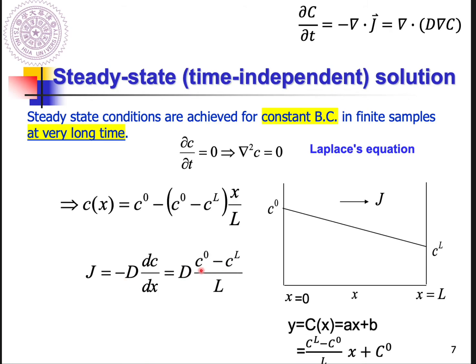Then you get CL minus C0, and because this is negative, it becomes C0 minus CL divided by L. I can get C0 from the data I measured in my experiments, and CL too, so I can quantitatively calculate the atomic flux in my experiments.